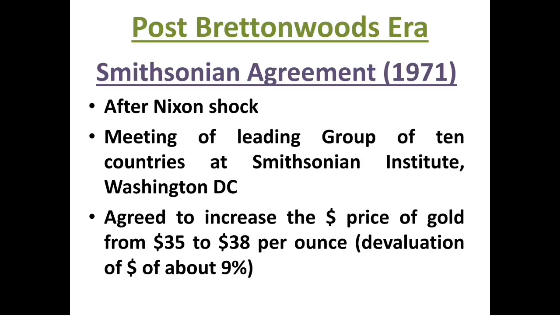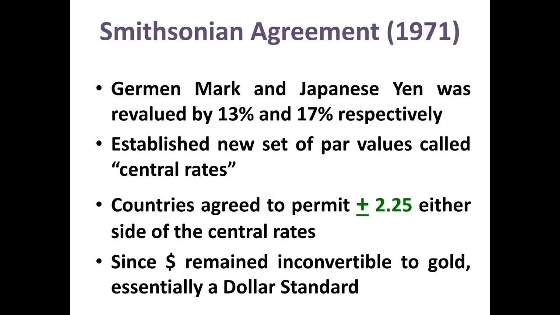After the collapse of the Bretton Woods system in 1971, the leading industrial nations of the G10, or Group of 10 countries, met at the Smithsonian Institute in Washington DC, United States. They agreed to increase the price of gold from $35 per ounce to $38 per ounce. That is, a devaluation of the dollar of about 9%.